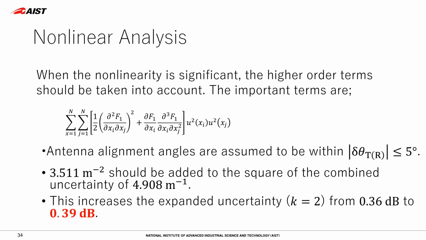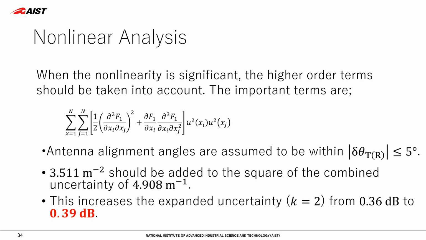To include the effect of the angles on combined uncertainty, the higher order terms of the Taylor series expansion should be considered. As a result, the ignored terms shown here were taken into account. Calculating all the terms and substituting all the conditions, 3.5111 V/m should be added to the square of uncertainty by the ordinary estimation.